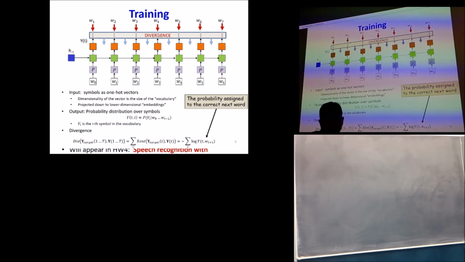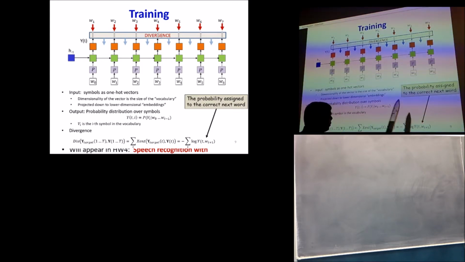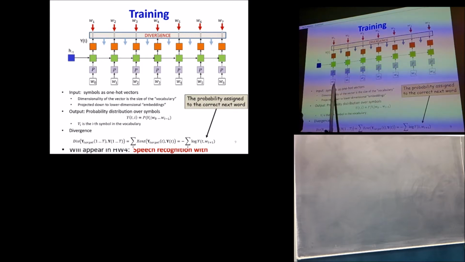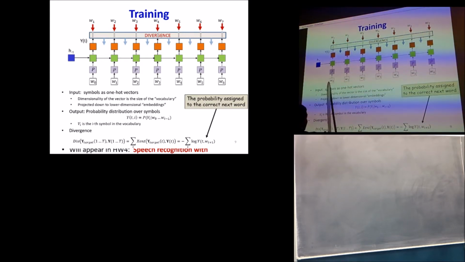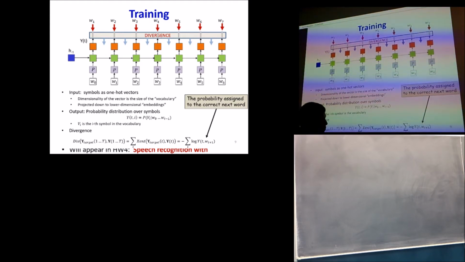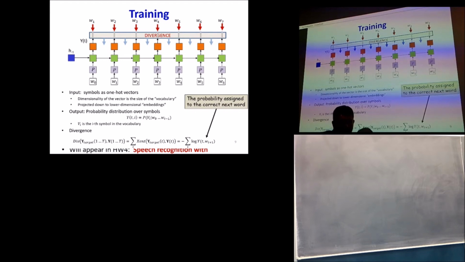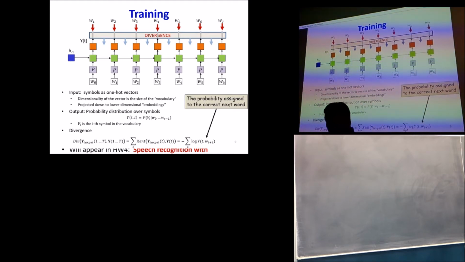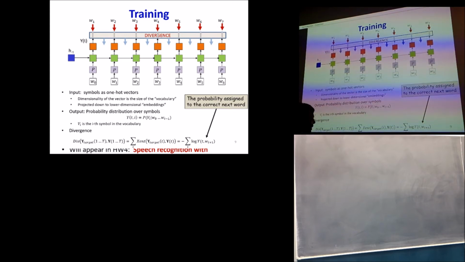The output of the network now again is a sequence of probability distributions. The desired output at any time is the next word. So for instance, when the input is just W0, the desired output is the next word, which is W1. When the input is W0, W1, the desired output is the next word, W2, and so on. So you could now compute a divergence between the sequence of words that you're trying to predict and the outputs of the network.